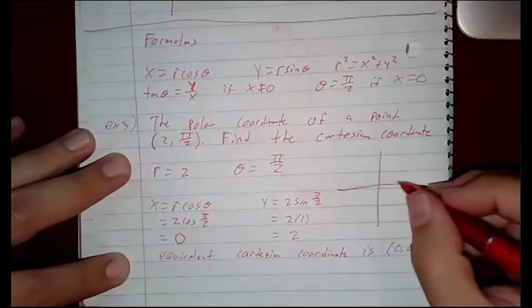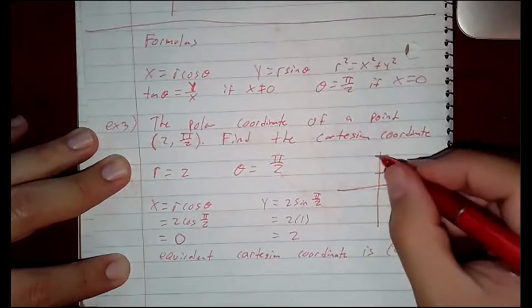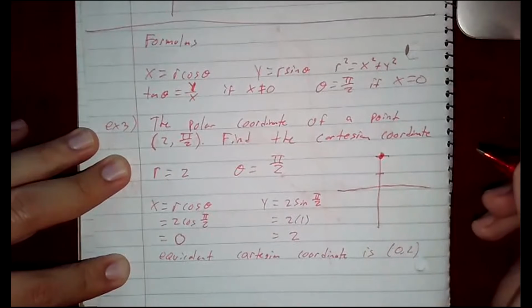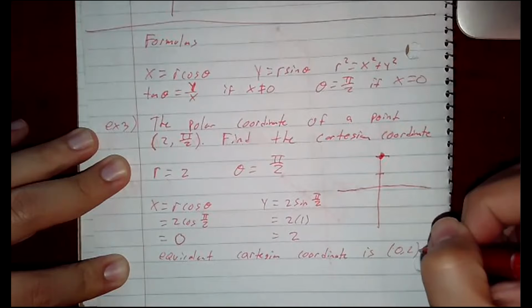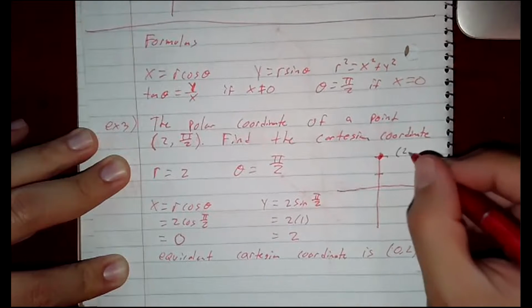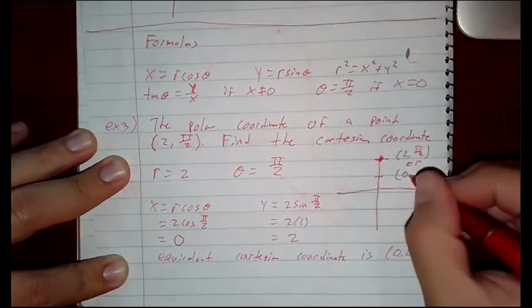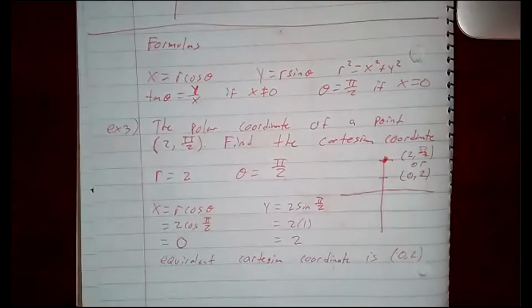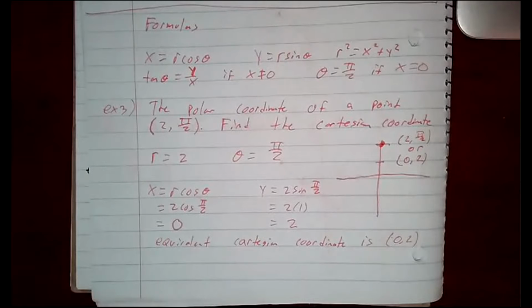Right, if I go to pi over 2, which is right here, and go out 2, that's where I'm at. That's the same as the point 0, 2. Right? Does that make sense? Yes.